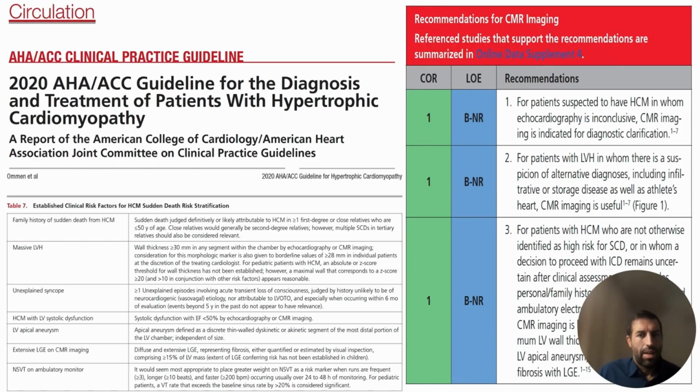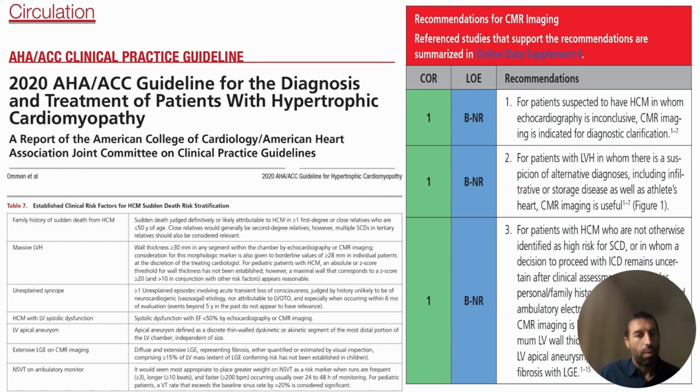With indication 1, in patients suspected to have hypertrophic cardiomyopathy in whom echocardiography is inconclusive, CMR imaging is indicated for diagnostic classification. Additionally, for patients with left ventricular hypertrophy in whom there is a suspicion of alternative diagnosis, including infiltrative or storage disease, as well as athlete's heart, CMR findings are useful.